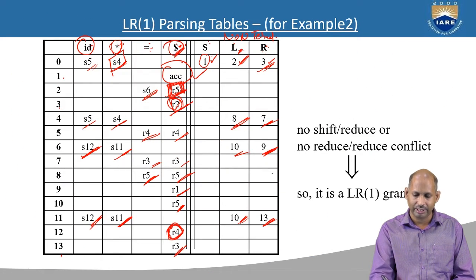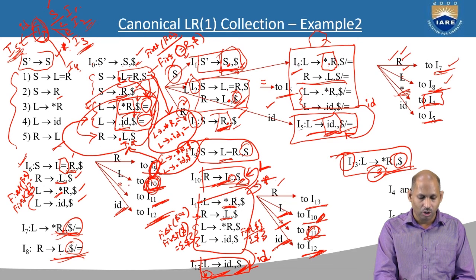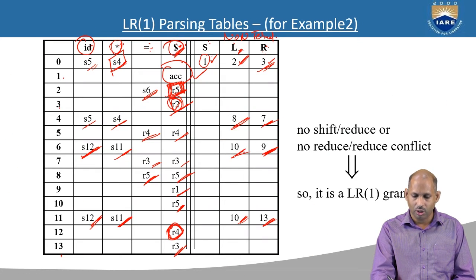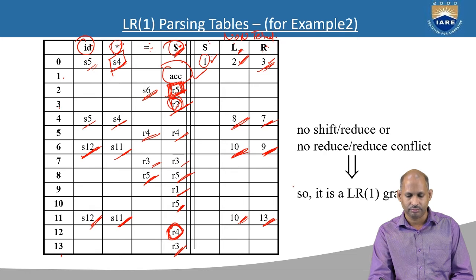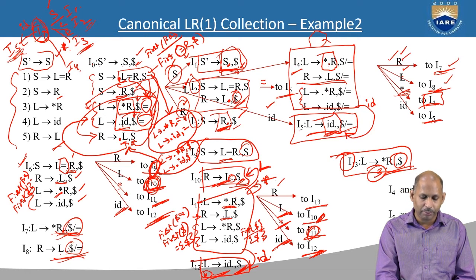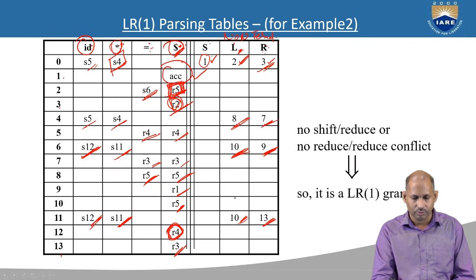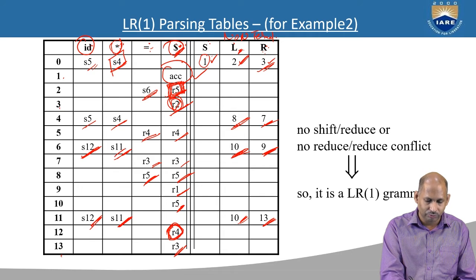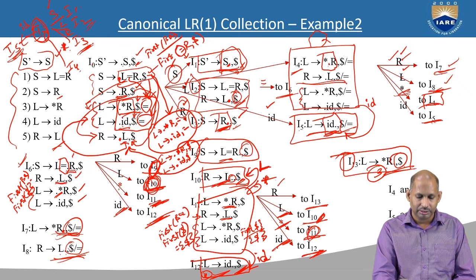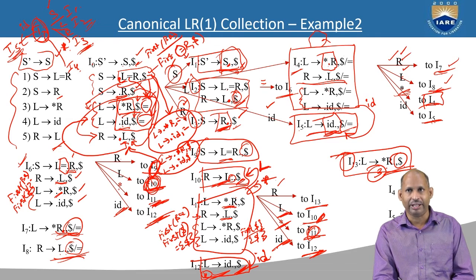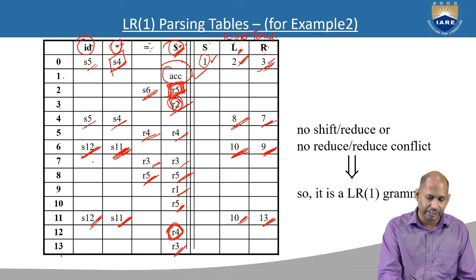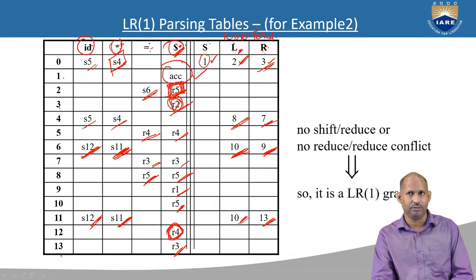On L, I10. On multiplication, I11, a terminal, so S11. Then on ID, I12, so S12.